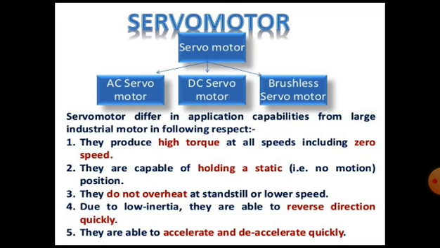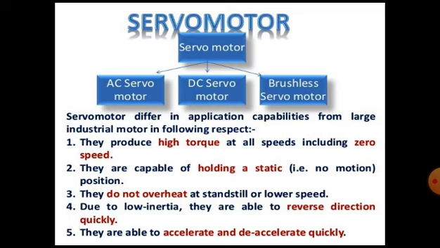So why are we going to use the servo motor that we are discussing here? They are not going to be overheated even if the CNC machine is used 24/7. That is the main excellent feature of these servo motors. Due to low inertia, they are able to reverse direction quickly.